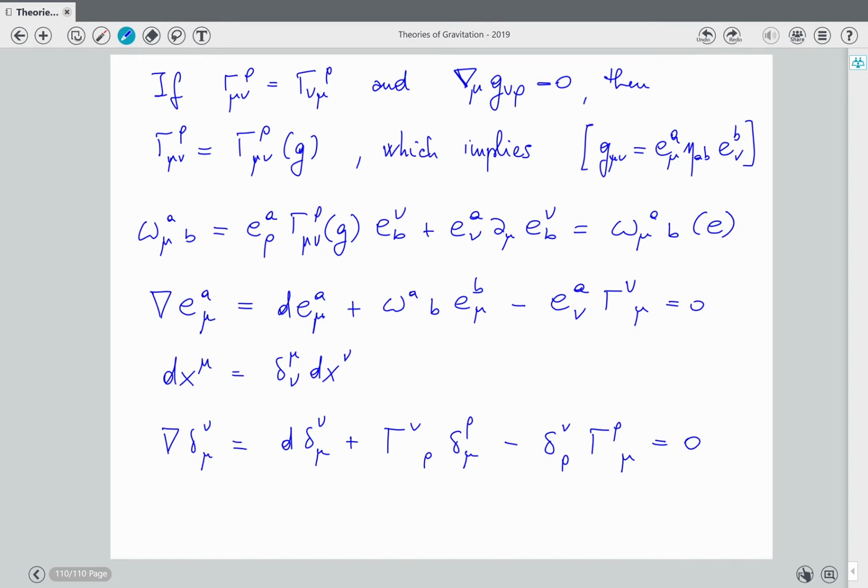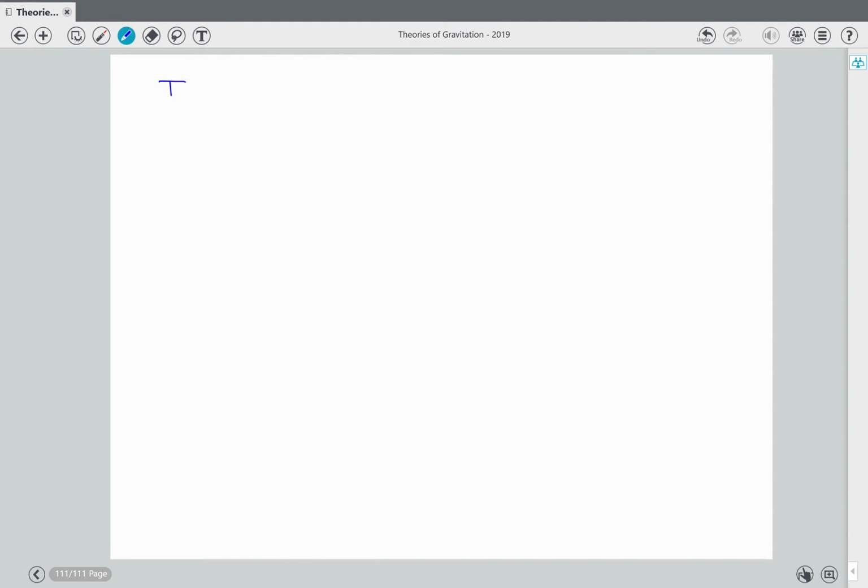Another thing that we can do is to check the torsionless condition in the basis, again, dx^mu.